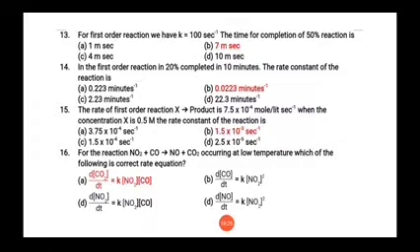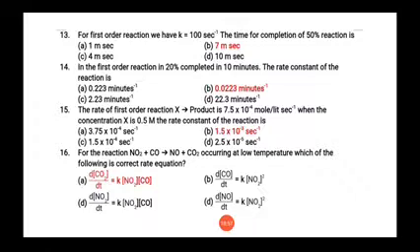The concentration of X is given. So obviously what we have to do? Simply divide: 7.5 into 10 raised to minus 4 divided by 0.5. So it comes out to be 1.5 into 10 raised to minus 3. So the correct option is option number B.